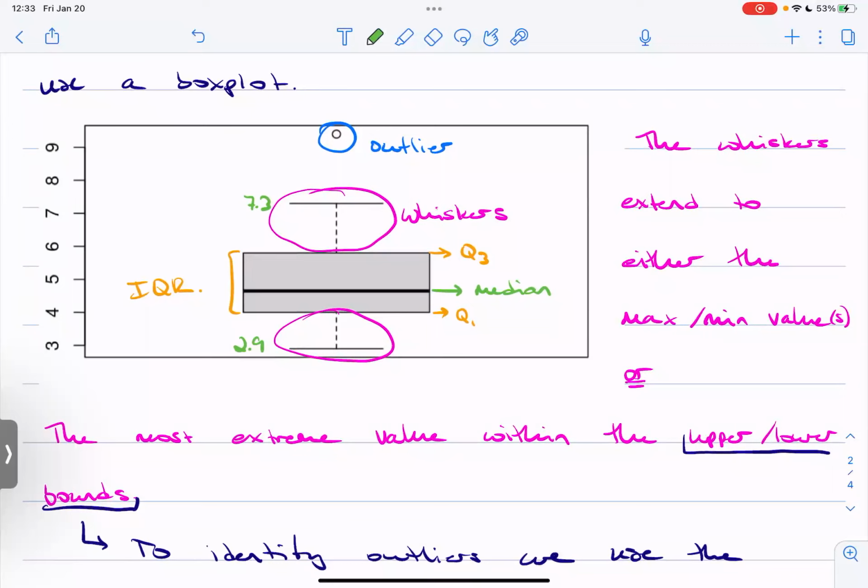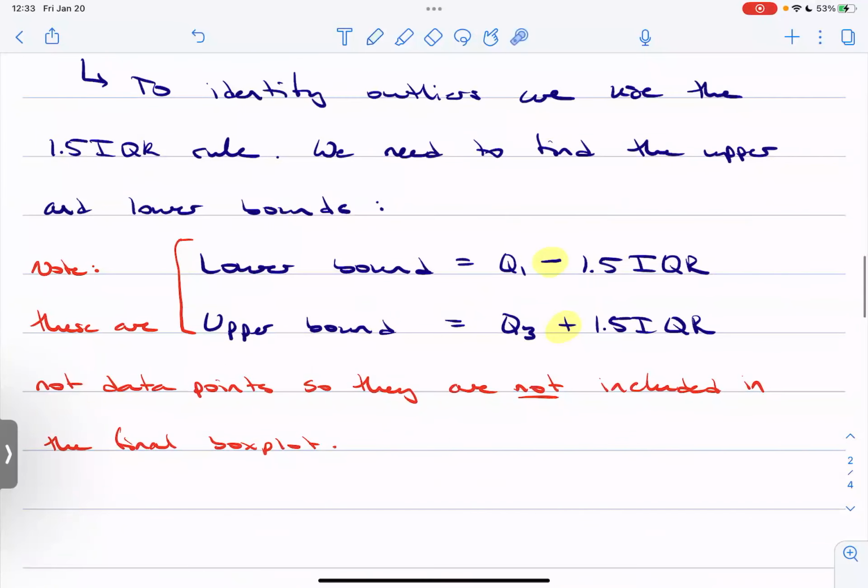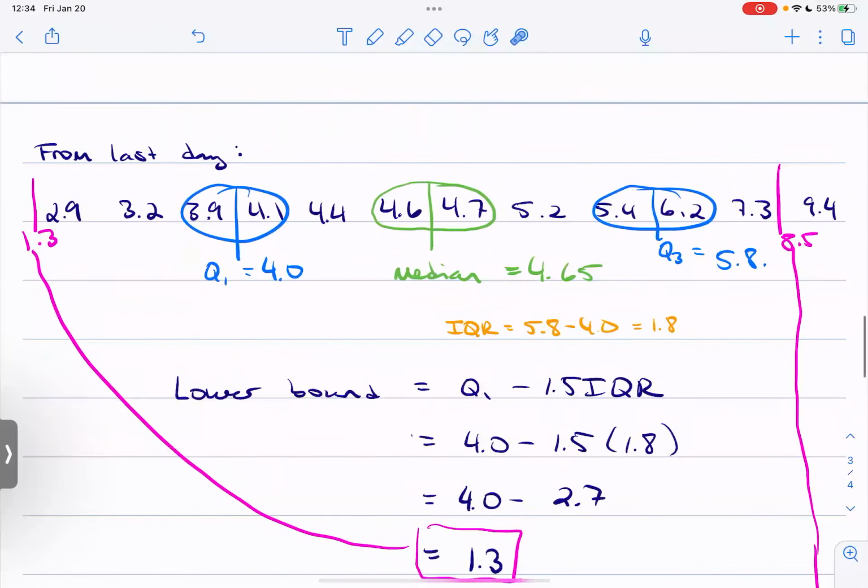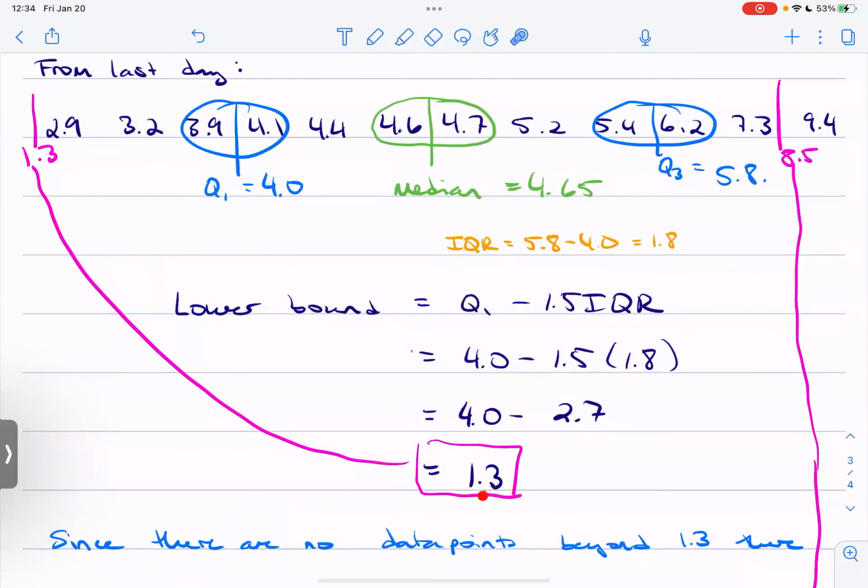Yes. I've been using the term bound in this scenario, right? I would know what you meant, but yeah, the lower whisker goes to 2.9. I'd be careful about calling this the lower bound, because the lower bound we just found is 1.3, not 2.9.